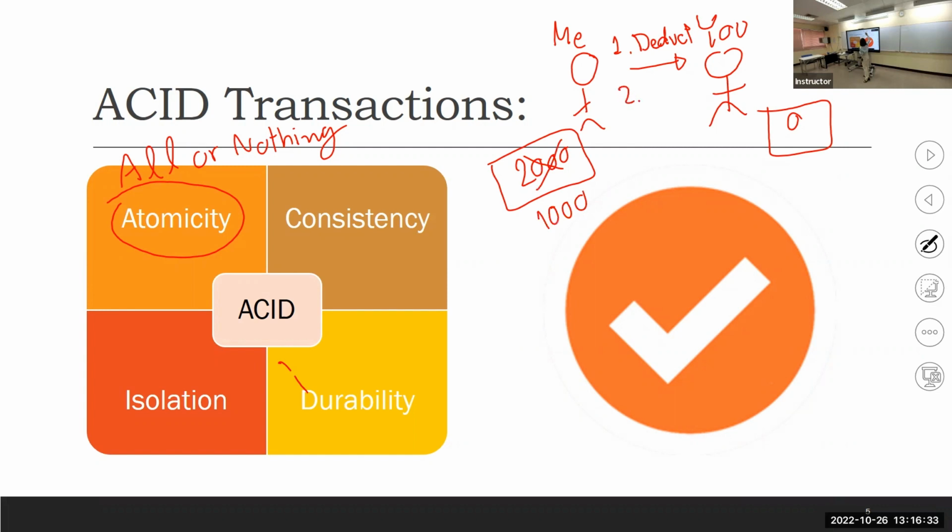Step number 1, of course, this is actually an update, right? Update my account to be 1,000. Then step number 2, update your account to be 1,000, right? That is plus 1,000. Actually, for me, it's minus 1,000. So your account will become like this. My account becomes like this.